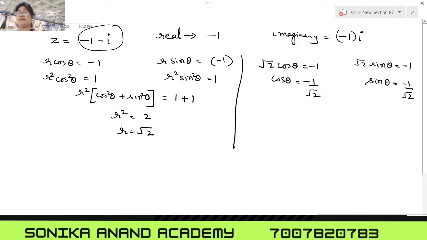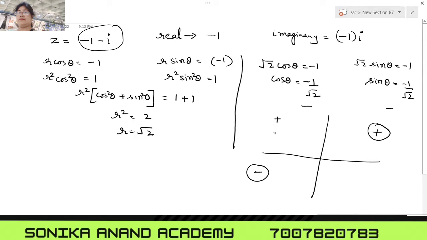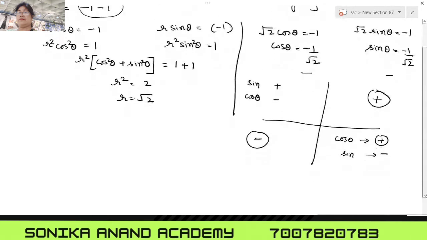Ma'am, third quadrant, because both are negative. It's very helpful. If both are positive, first quadrant; both are negative, third quadrant. It's very helpful or not? Yes, ma'am. Really helpful. This is the best trick. Clear? Clear, ma'am.